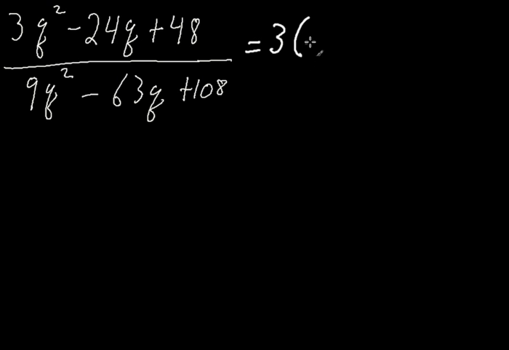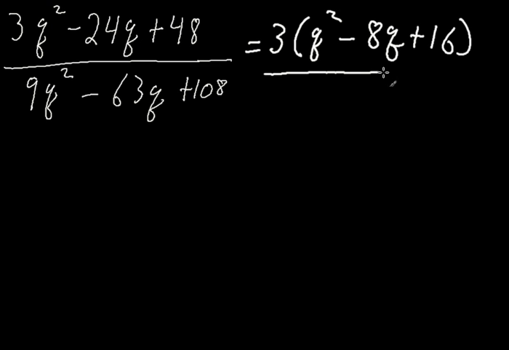If I take a 3 out, I get q squared minus 8q plus 16. And here, what can we take out? I think we can take out another 3. 108 divided by 3. Looks like we can take out another 3.